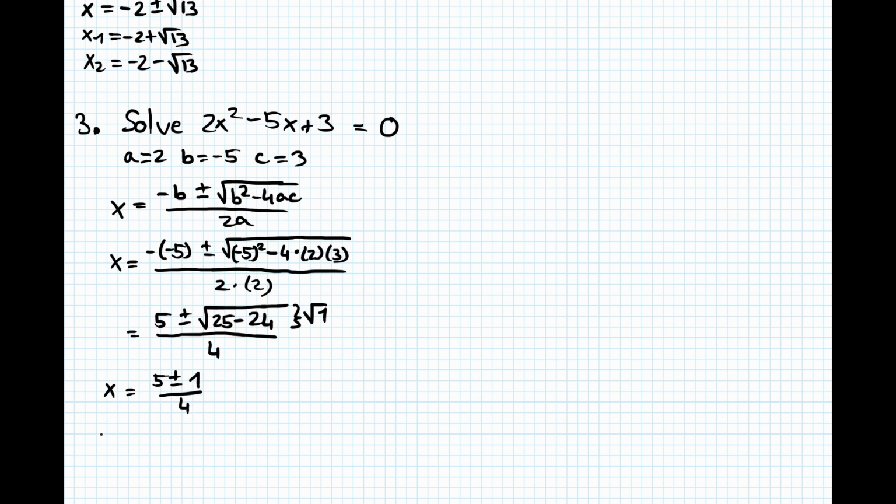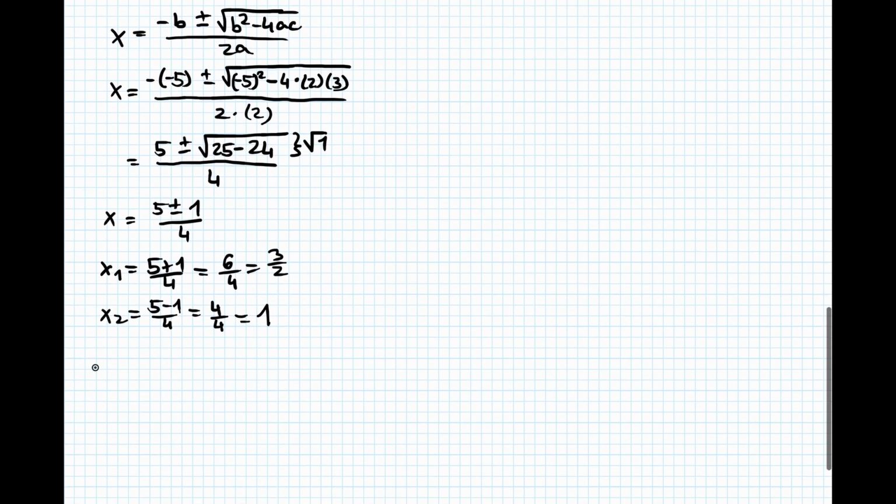And if we write down our two solutions, x1 is equal to 5 plus 1 over 4. It's equal to 6 over 4. It's equal to 3 halves. And our x2 is equal to 5 minus 1 over 4, which is 4 over 4, and that's equal to 1.